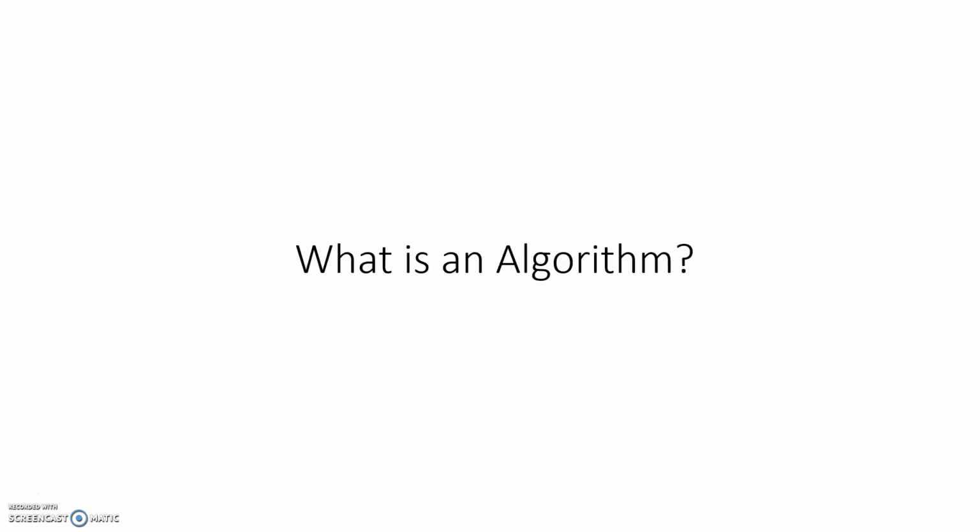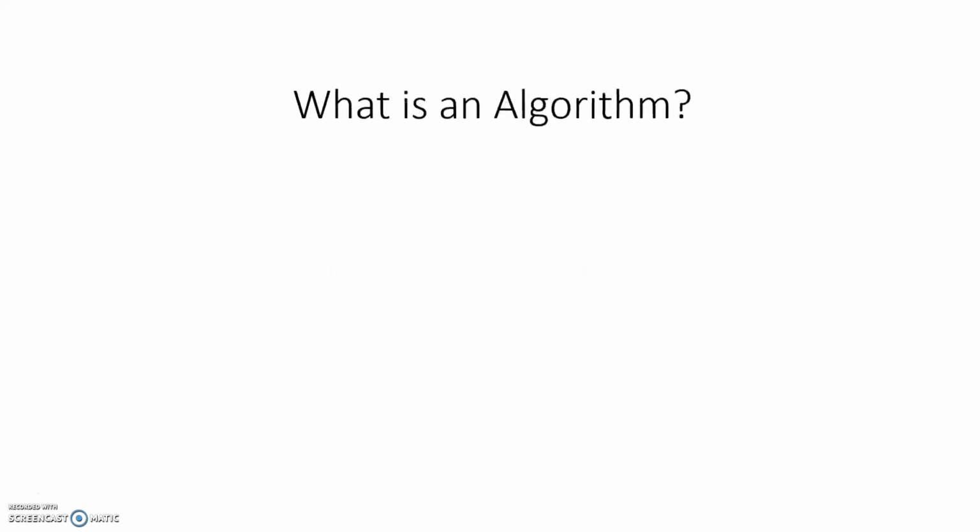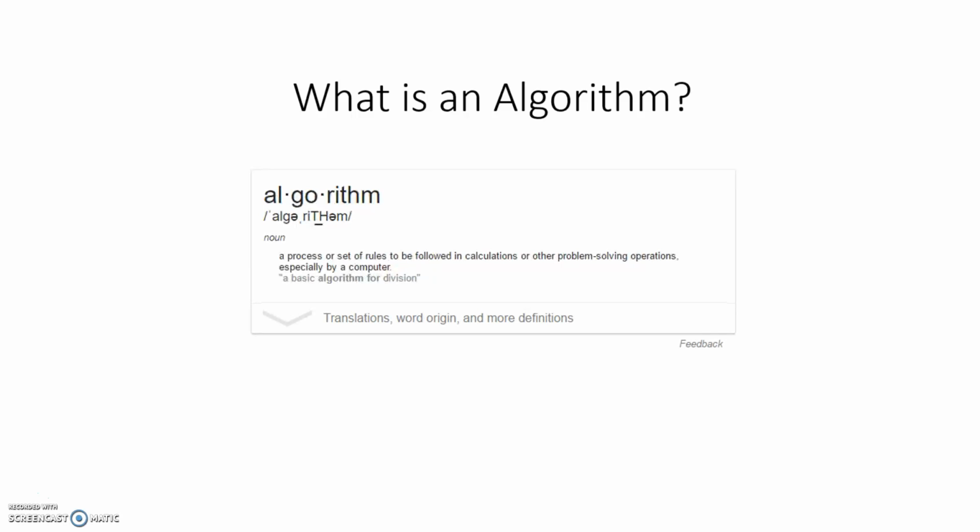So to understand what the A-star algorithm is, you kind of need to understand what an algorithm is. So what we have here is the definition of an algorithm. It's a process or a set of rules to be followed in calculations or in other problem-solving operations, especially by a computer.